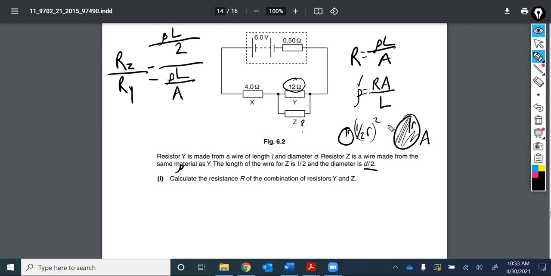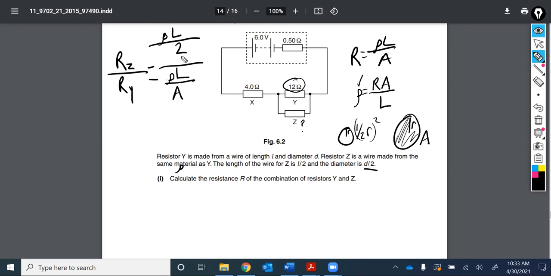And what is 1/2 squared? It's 1/4. By cutting the diameter, and therefore the radius, in half, we've reduced the area by a factor of 4. So when we square 1/2, we have 1/4 in the denominator here, right?